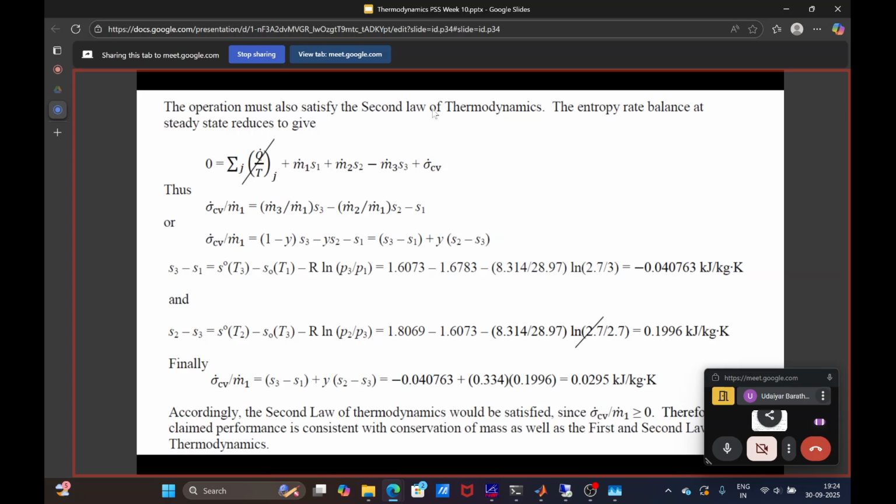Applying the entropy rate balance for the steady flow equation, we get dS by dt equals 0, plus the summation of Q by T, which is also 0 because there is no heat transfer, plus the entropy of the streams coming in and going out: m dot 1 S1 minus m dot 2 S2 minus m dot 3 S3, plus sigma CV.